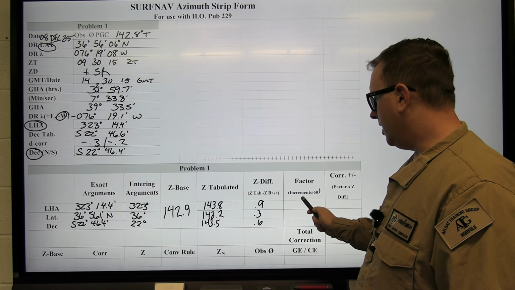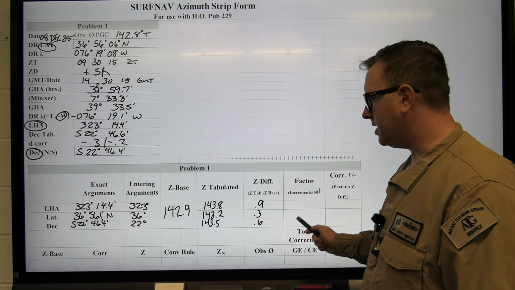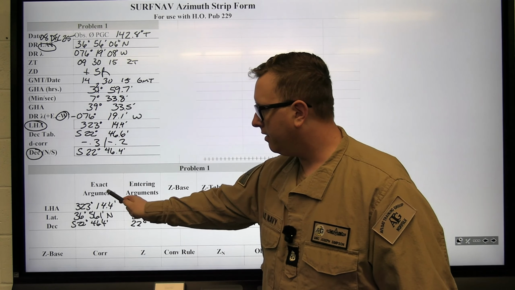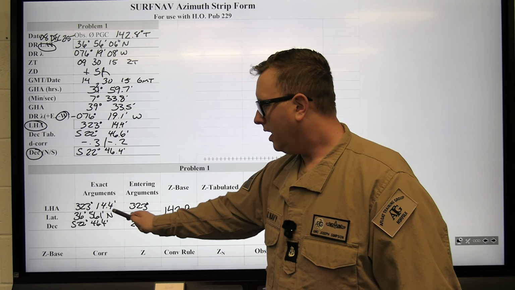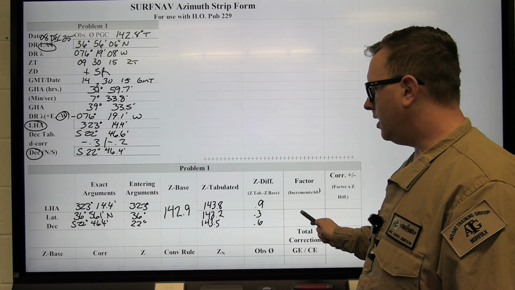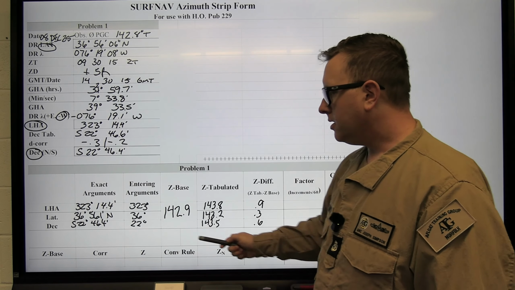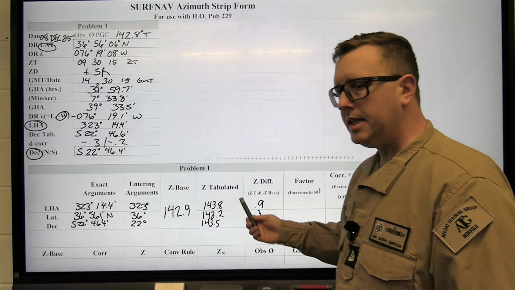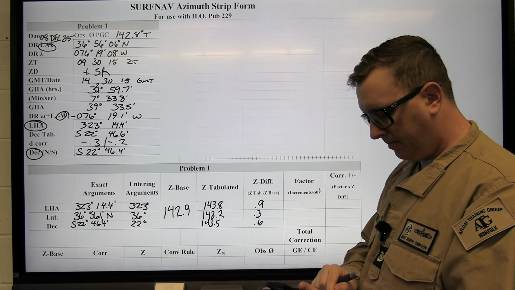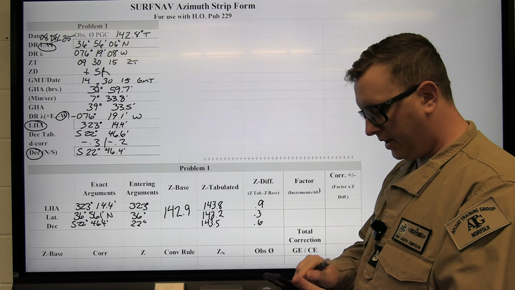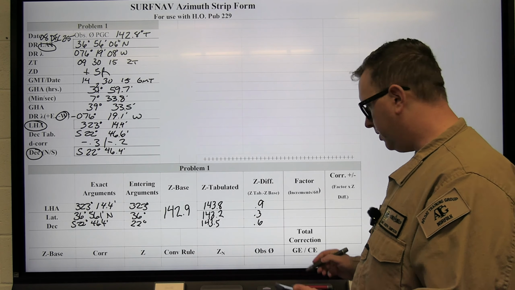So right now we're going to take our increments and divide them by 60. The increments are just the remaining from the exact arguments. And we're going to get that value as well. So we're going to take this 14.4 and divide that by 60. Divided by 60, you got 0.24.